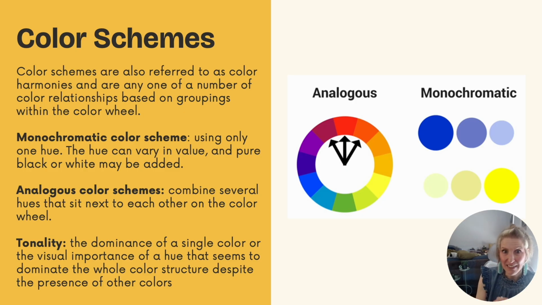There's analogous color schemes. This is combining several hues that sit right next to each other on the color wheel. And there's tonality, the dominance of a single color or the visual importance of a hue that seems to dominate the whole color structure despite the presence of other colors.